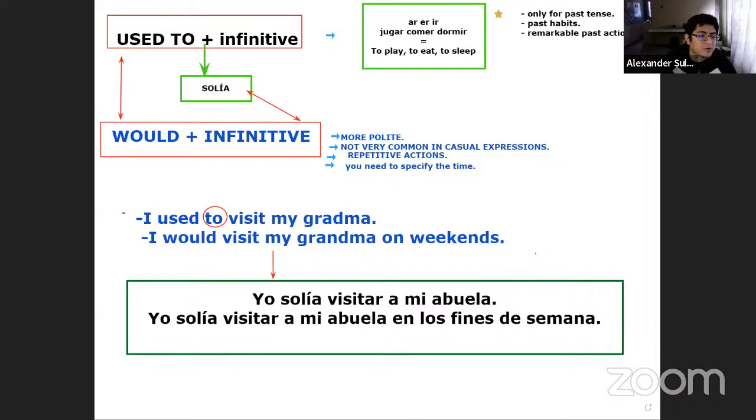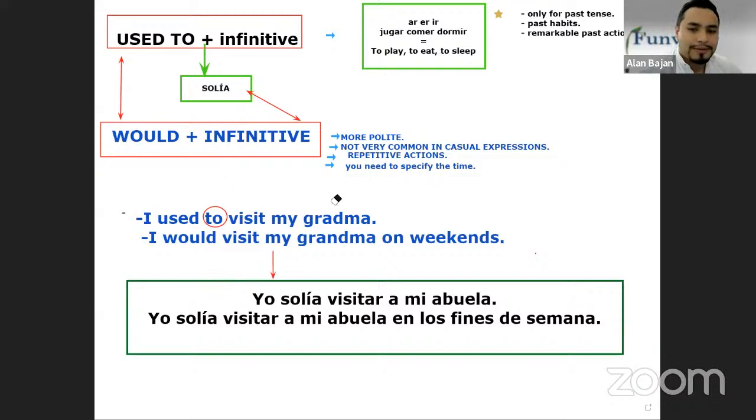Sure, teacher. What happened if you want to say, yo suelo visitar a mi abuela on weekends? Well, because used to and would are expressions exclusive for past tense or simple past, we will use an adverb to say it in present tense.